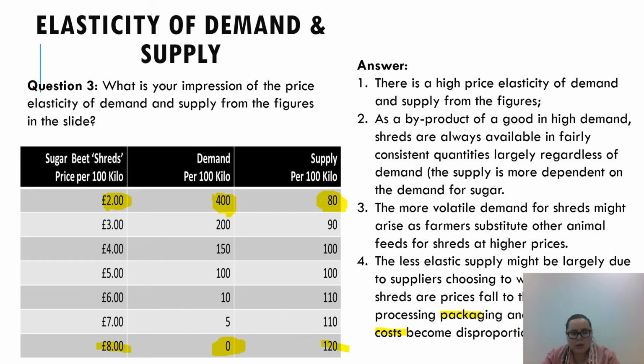What does it mean? It means basically that the farmers are not interested in buying it at all. They have substituted it with some other types of food for the animals, whereas at the higher prices, the suppliers are able to produce or supply more quantity of this good.